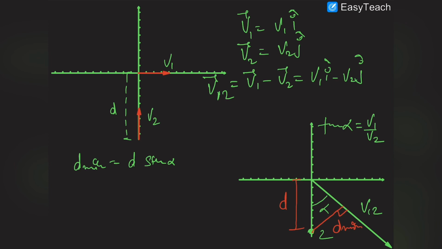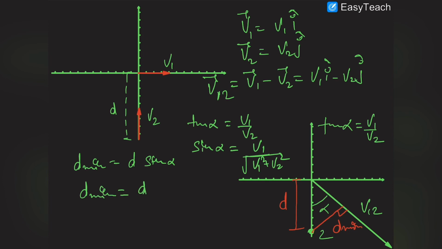Okay, so sin alpha, if tan alpha is equal to v1 by v2, then sin alpha is equal to v1 by under root v1 square plus v2 square. So d minimum is equal to d into v1 upon under root of v1 square plus v2 square. This is the minimum separation between these two.